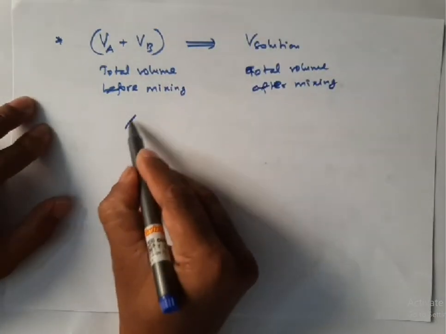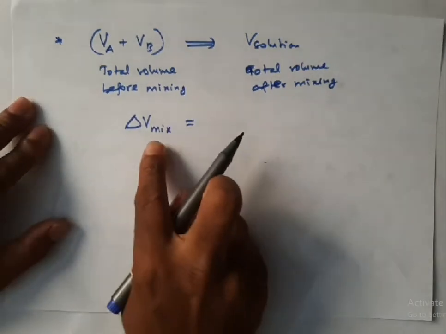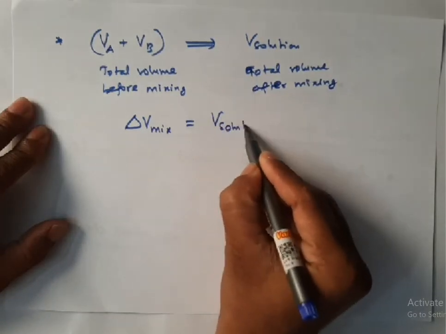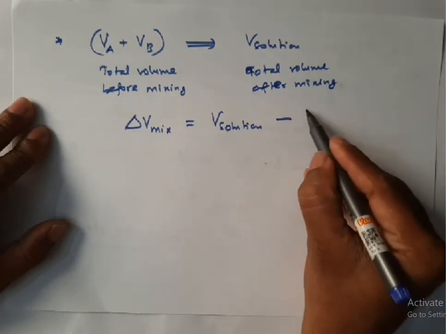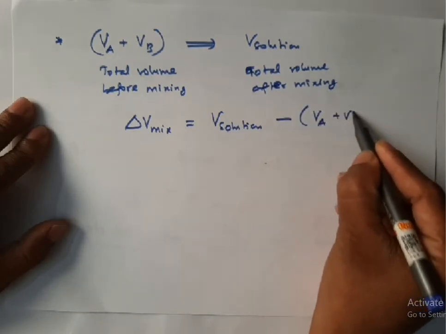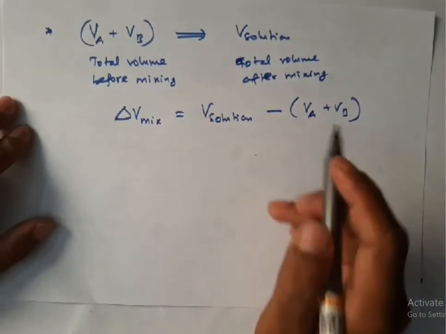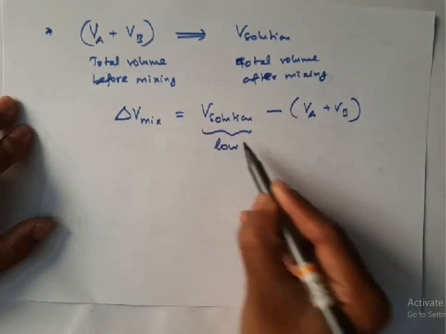So what is delta V mixing? It is nothing but the total volume after mixing minus the total volume before mixing. If we take this difference, students, listen carefully: here this is low and this is high.